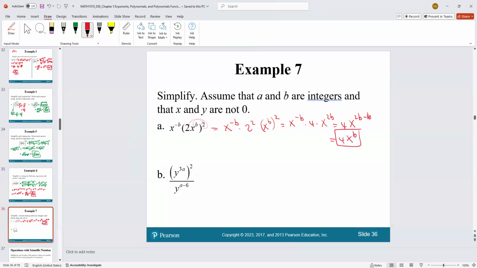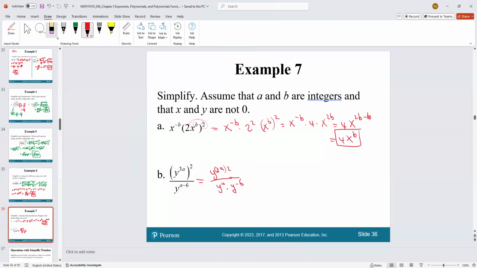Final answer. Here also, we need to multiply power of a power. Remember, these two, we need to multiply them over y. Here, there are two ways you can do that. You can see that you have a times y power negative 6, which is a certain way to get rid of all of this if we want.